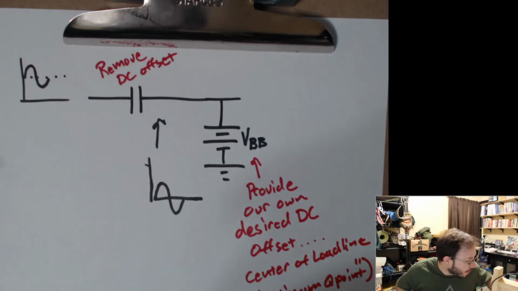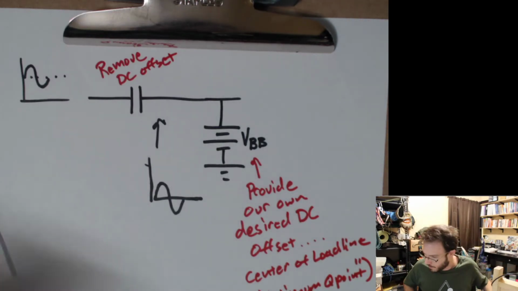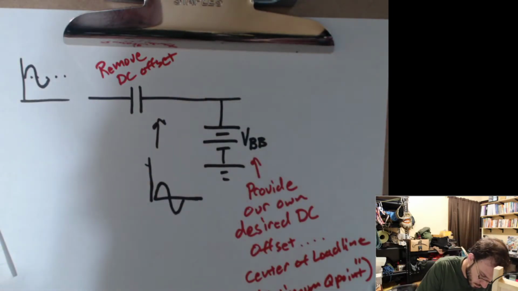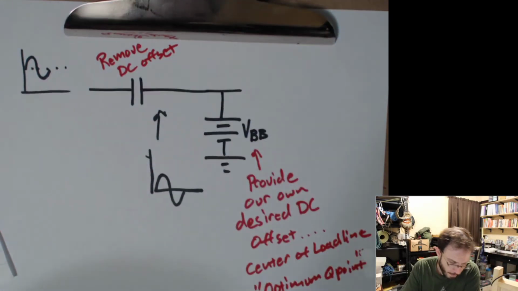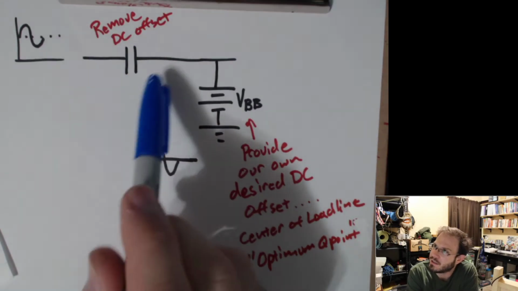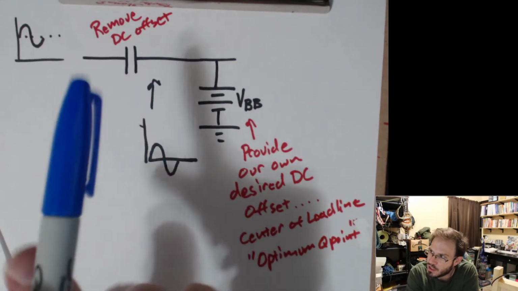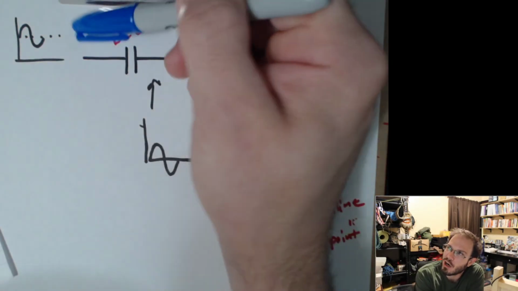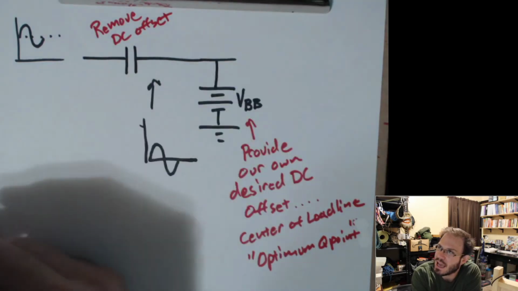In other words, the optimum Q point. Okay, so this is how we can go ahead and create an ideal situation for our amplifier. We can take any signal regardless of where its DC offset is.